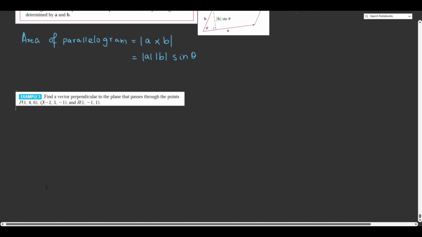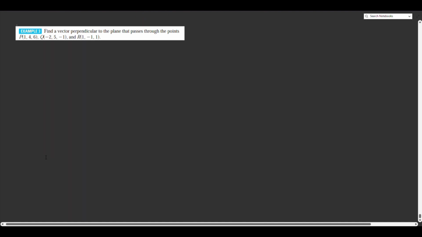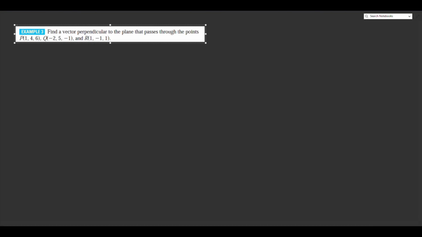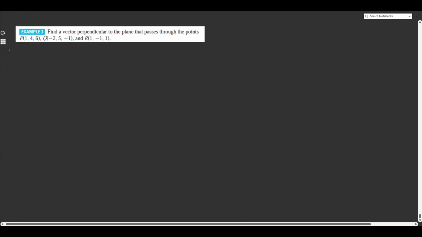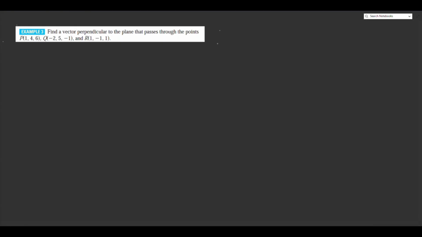In this example, what he is asking you is to find a vector perpendicular to the plane that passes through the points P, Q and R. You can imagine this thing in the following way.